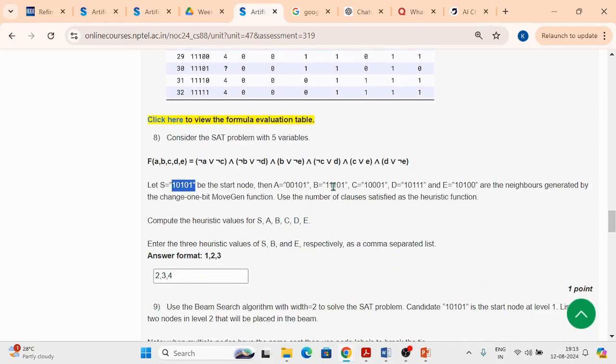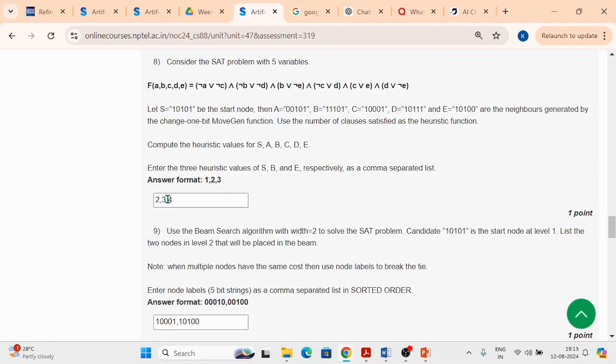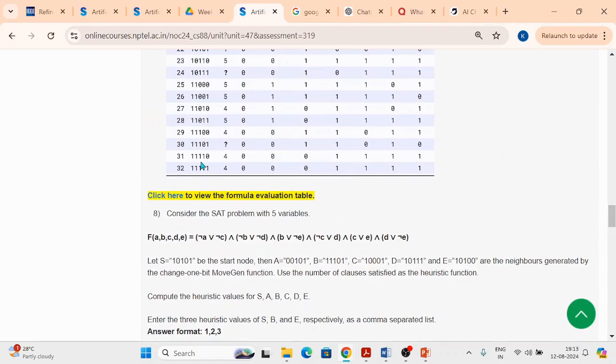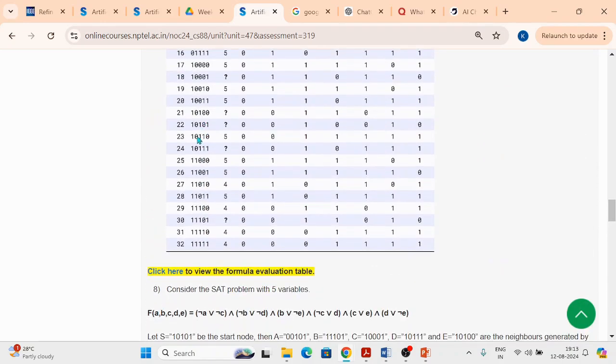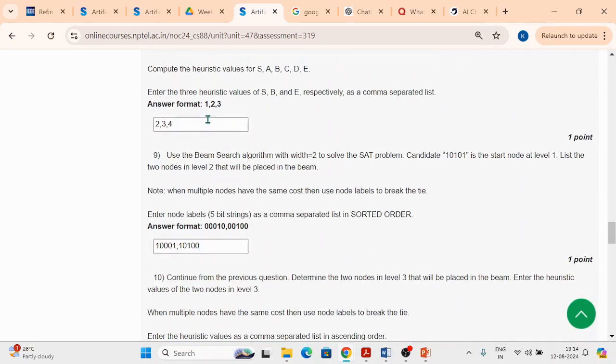Next for B, 1 1 1 0 1, how many? 1 2 3. So next enter, separated by a comma, 3. Next they are asking for E, 1 0 1 0 0 1 0 1 0. How many? 1 2 3 4 are there. So next enter 4. So these are the h of n values for S, B, E.